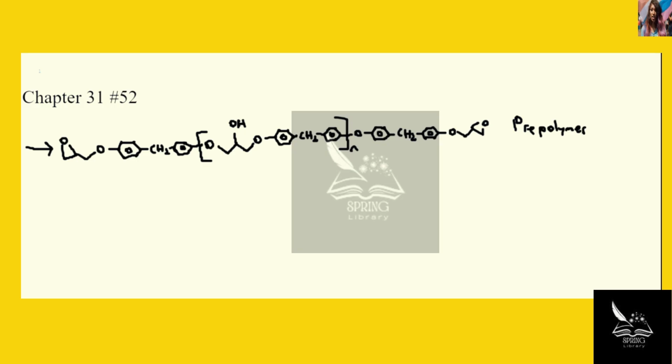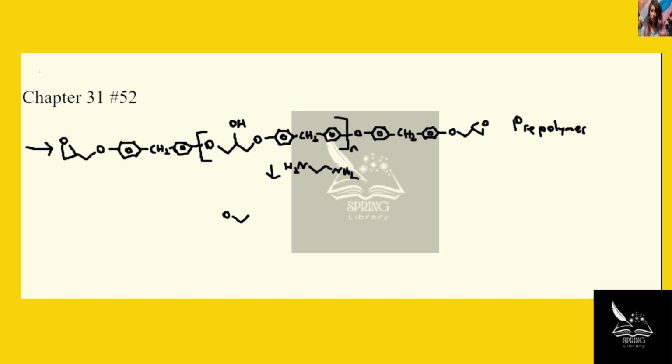Okay, and so then we treat this prepolymer with the diamine that the problem asks us to use. So that diamine, and basically what's going to happen there is if you look at the prepolymer, the amine is going to act as a nucleophile and open those as yet unopened epoxides.